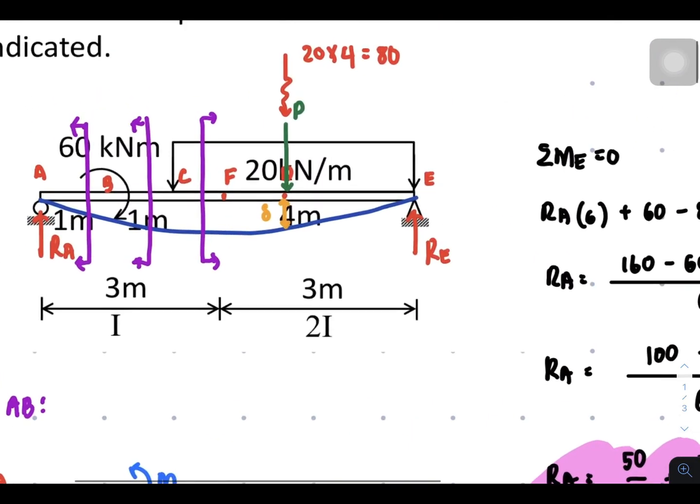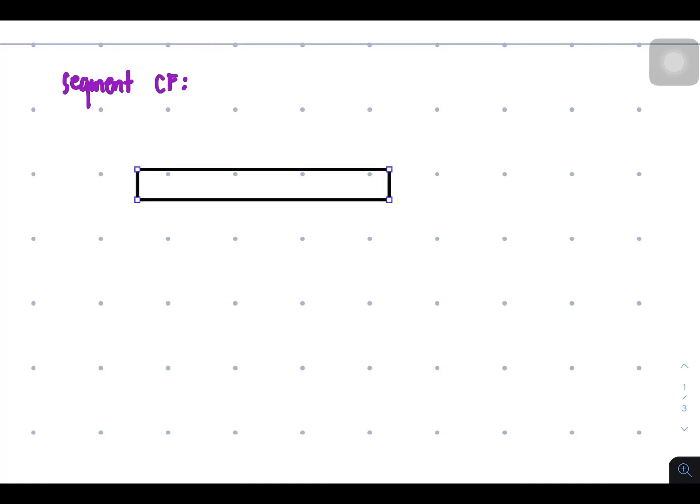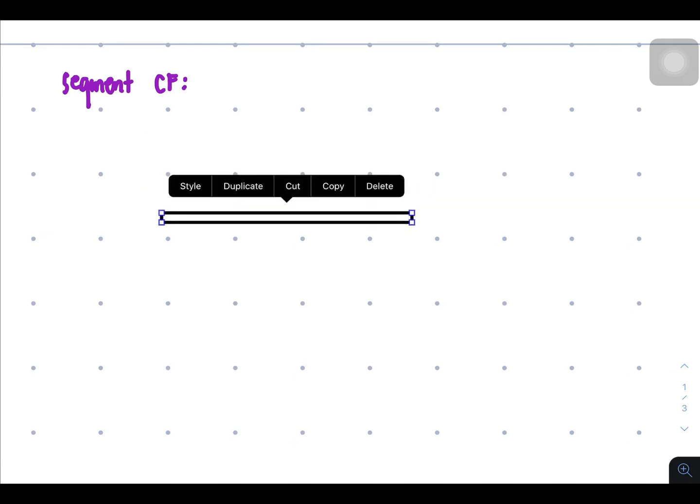So let us draw everything here. Okay. I'll just draw the beam or the section, and then I'll place the loading.